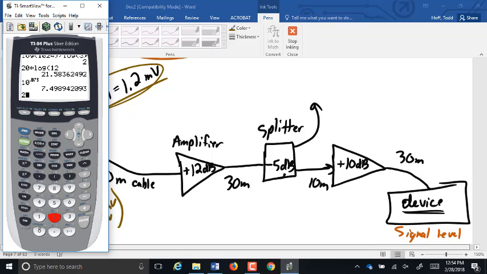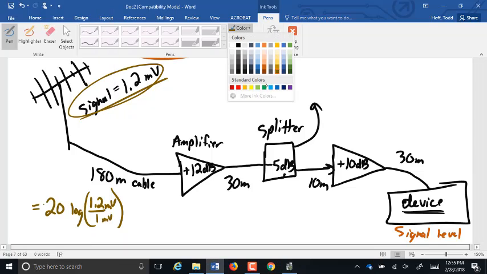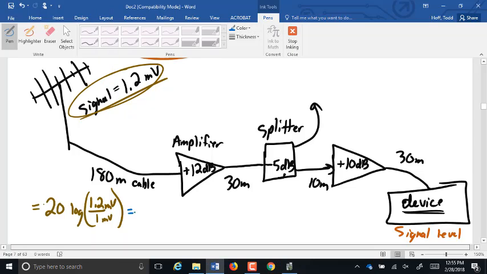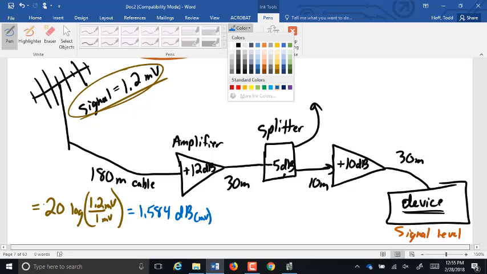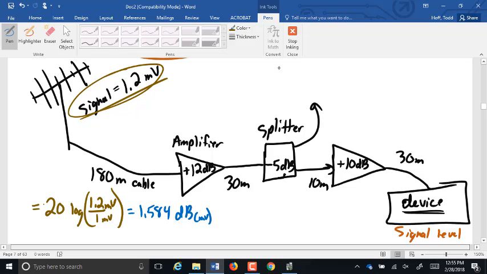So 20 times log of 1.2 is 1.584. So it's dBmV. A decibel is a decibel. We always put the mV on it to specify that it was calculated from a voltage measurement, a signal measurement.